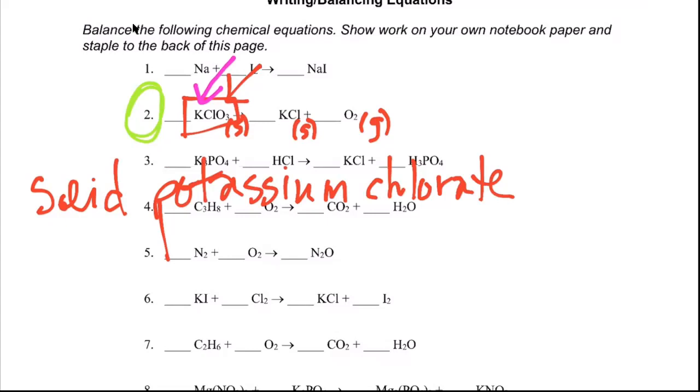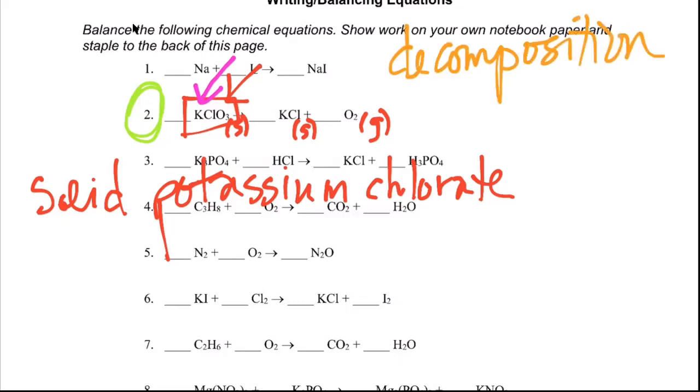So this is a type of reaction, and we're going to learn types of reactions next week in more detail. But if you only have one reactant, but you have more than one product, that is called decomposition. So that means you're taking one compound and you're breaking it down, or you're decomposing it into more than one product. Okay. So what I would probably use in this instance, in the sentence, is I would say solid potassium chlorate.